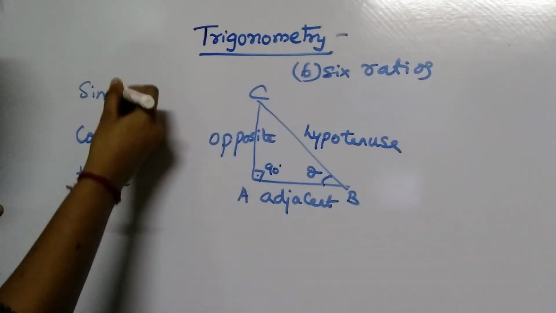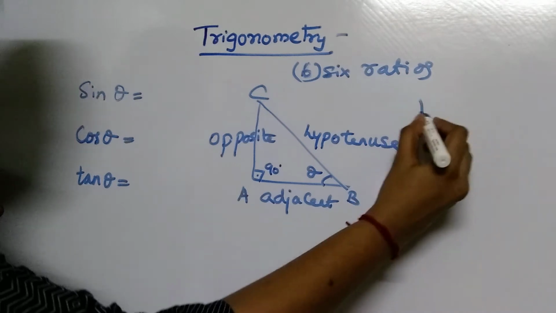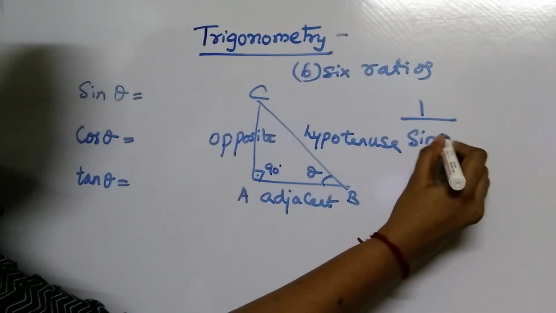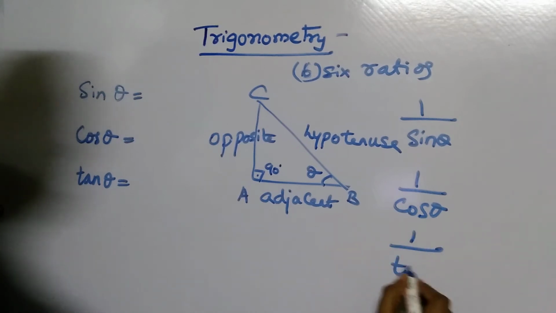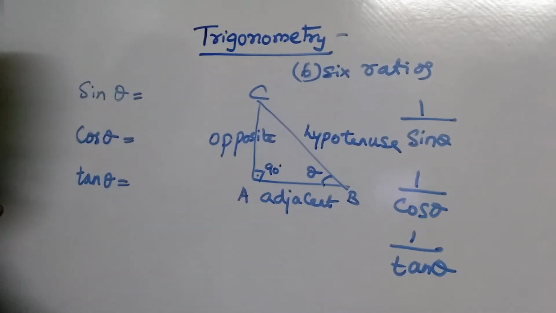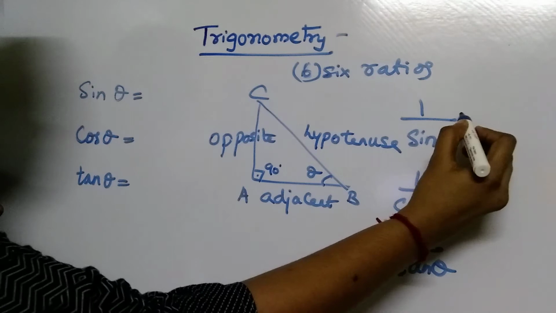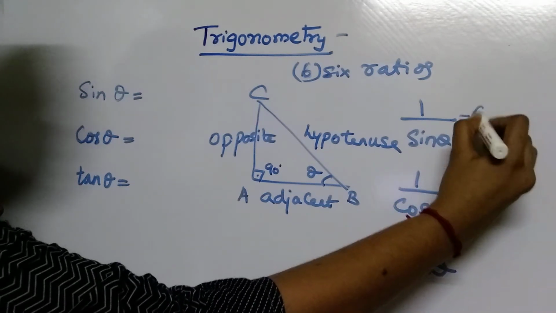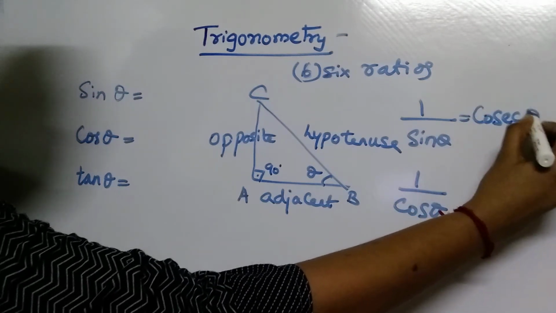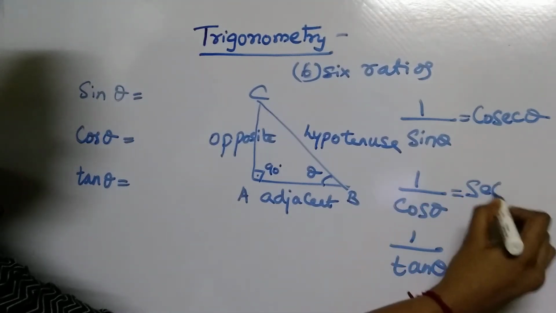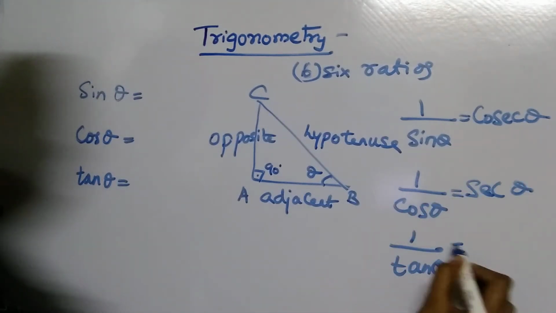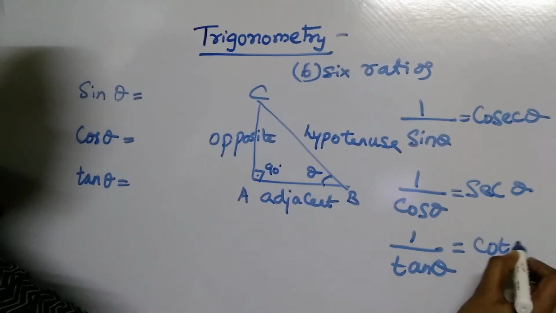And then the reciprocals of these. The reciprocal of sine is 1 by sine, of cos is 1 by cos, and of tan is 1 by tan. 1 by sine we call cosecant theta, cosec. 1 by cos we call secant theta. And 1 by tan we call cot theta.